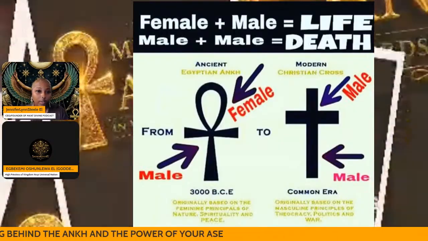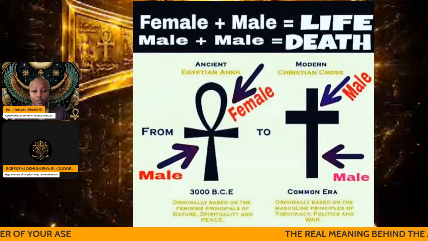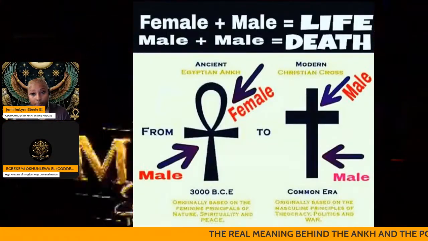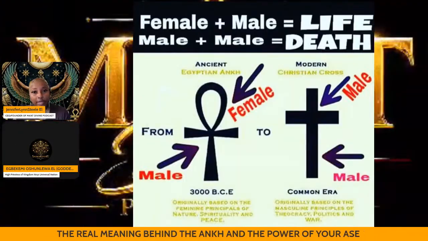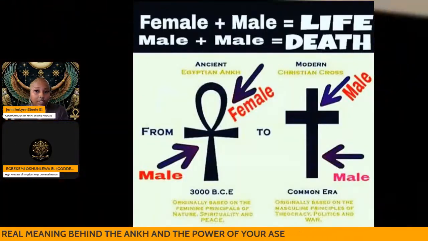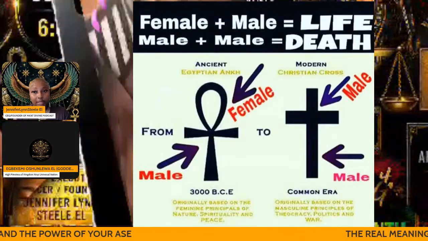Now we're talking about 4,000, 5,000 years before Christianity. So while I'm reading, I want you all to look at the picture that I have on here. How the cross says male, male, and how the Ankh says male and female, bringing balance together.